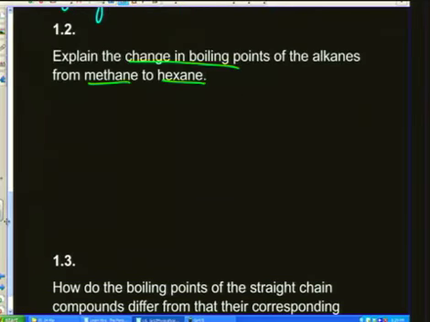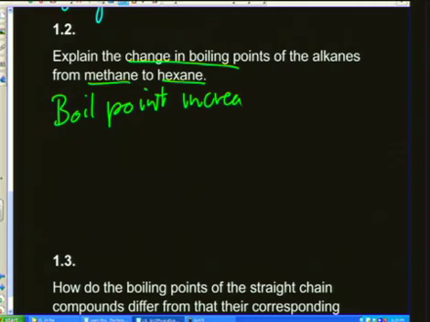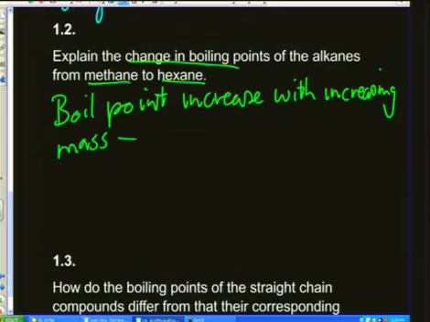So let's write down how we would do it. First of all, let's write down what it is. The boiling point increases with increasing mass, or we can say chain length. Because they're all alkanes, we know that they're all long single chains. That's the traditional way of joining them.